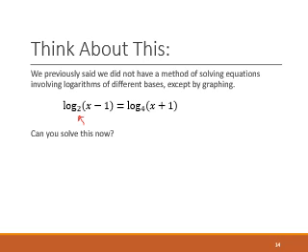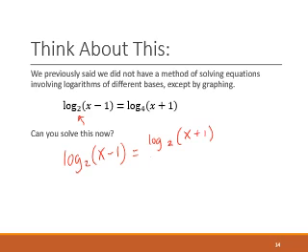Let's change everything to log base 2. So we're going to leave this one alone because it already is log base 2. And to change the other side to log base 2, we would say log base 2 of x plus 1 divided by log base 2 of 4. Now, log base 2 of 4 is 2.